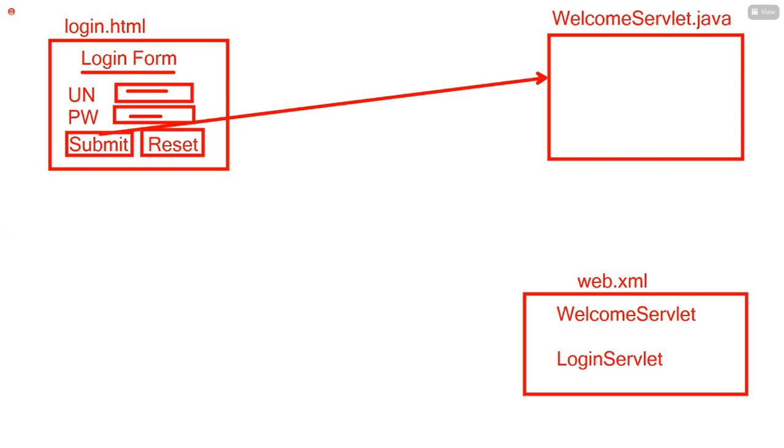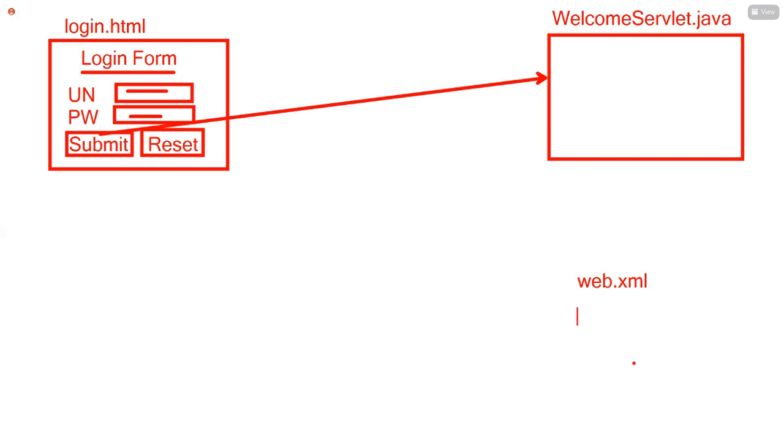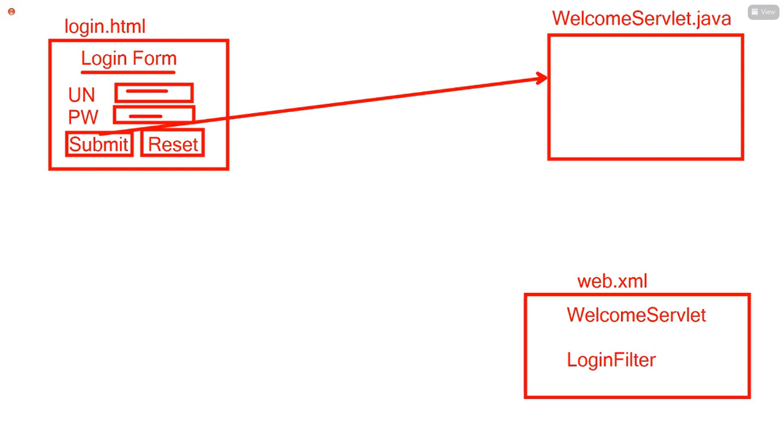Now, whenever a request comes to the welcome servlet, I'll divert the control to the login filter. So this code I'm writing in XML, not in a servlet, not in HTML.